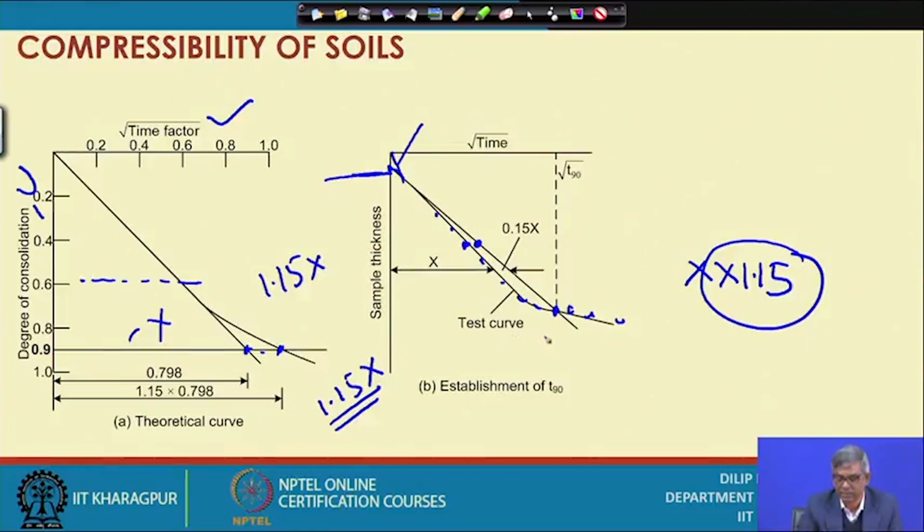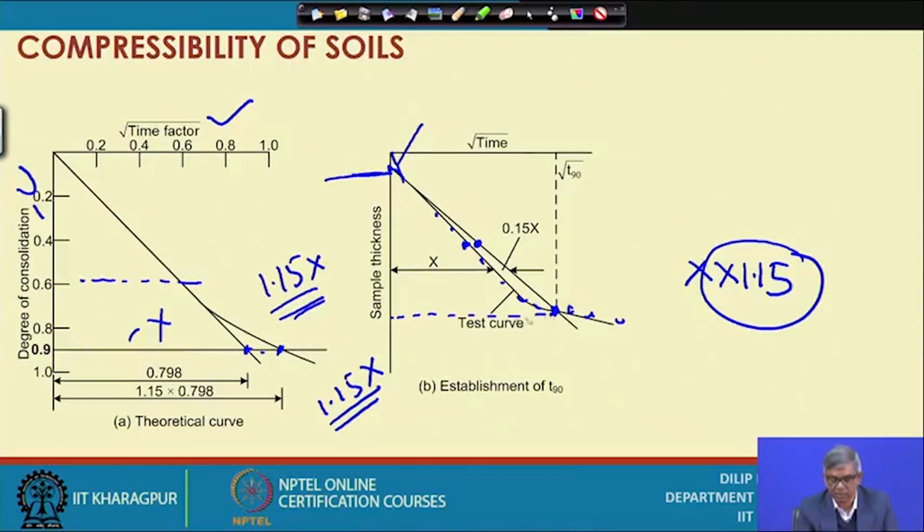Once they intersect somewhere here, since it is at 90%, that is the observation we have seen, 1.15 times, and now we are doing the reverse based on what we have observed. Now, we consider this as a fact. So, we have taken a value on the curve and multiplied by 1.15 to intersect the curve. That intersecting point represents 90% degree of consolidation.